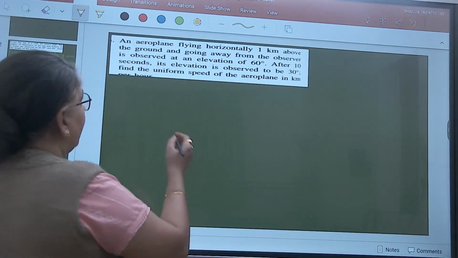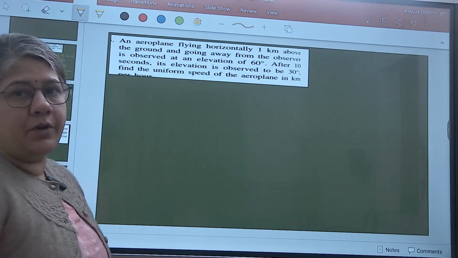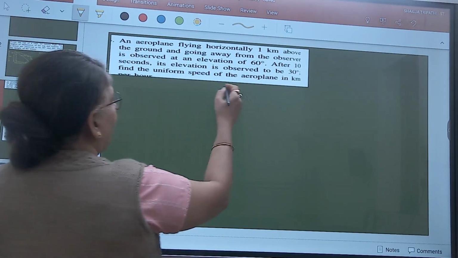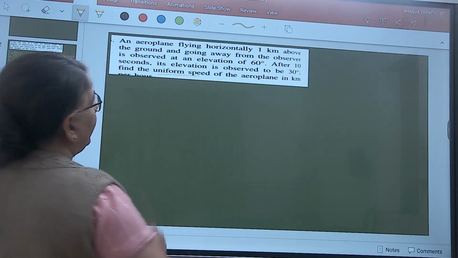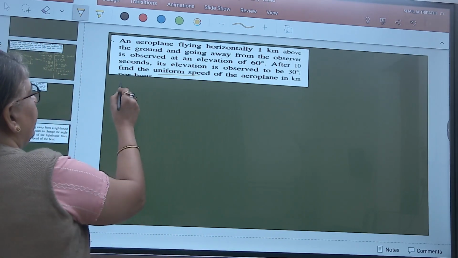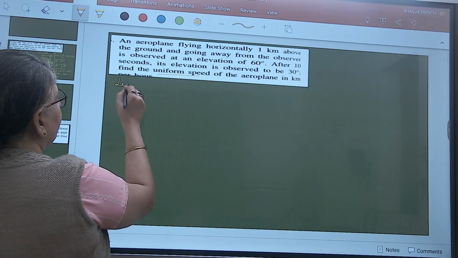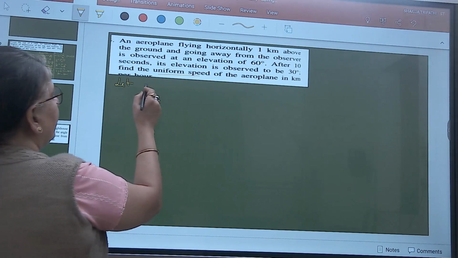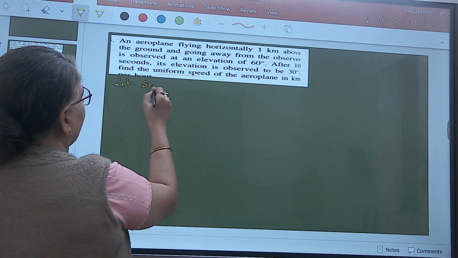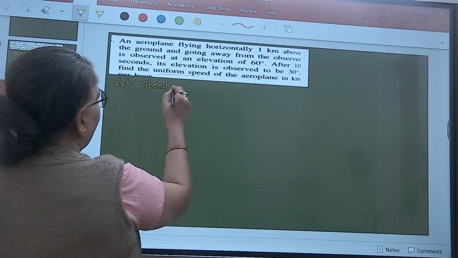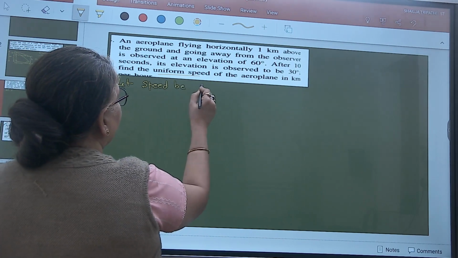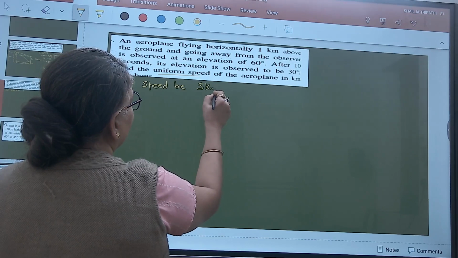Okay. Again, to understand this question, first we'll draw the figure. Whatever is asked, that is, we have to find speed. So let the speed of the aeroplane be s kilometers per hour.